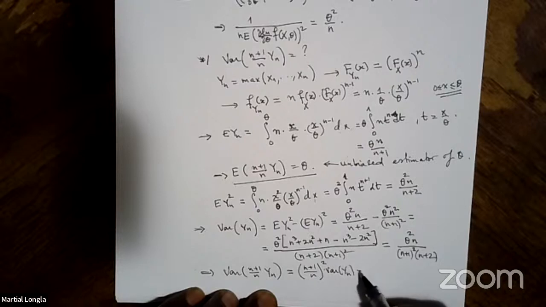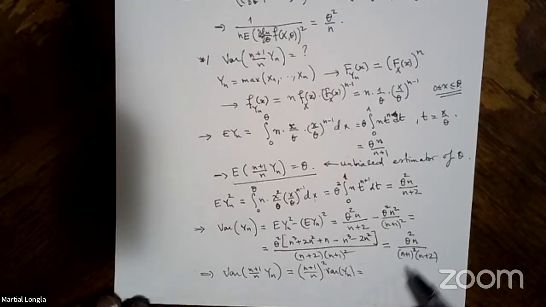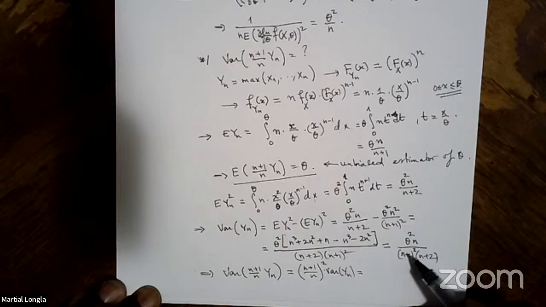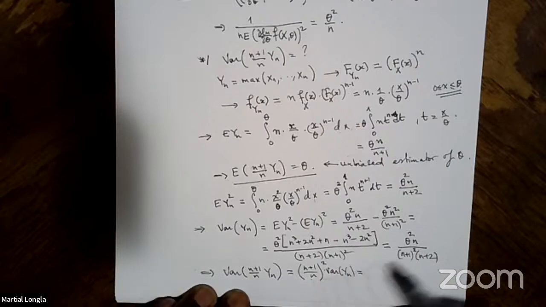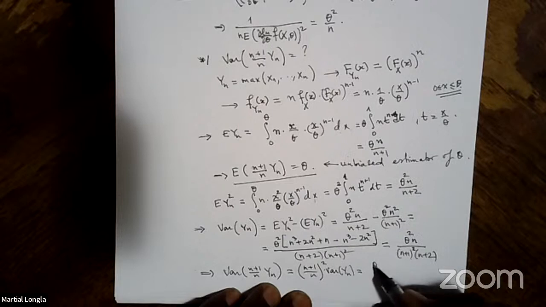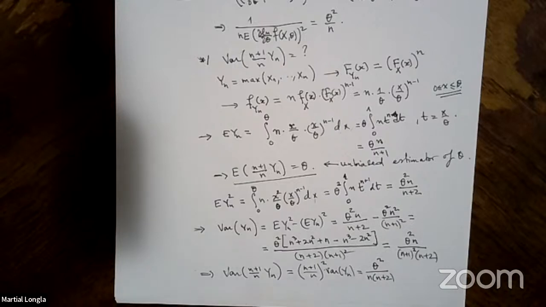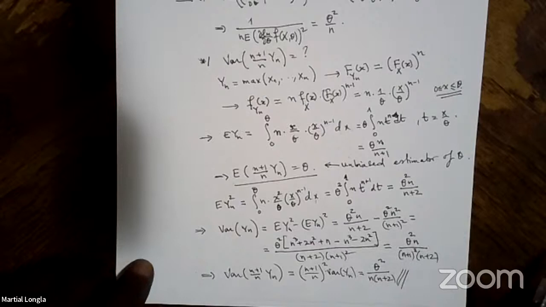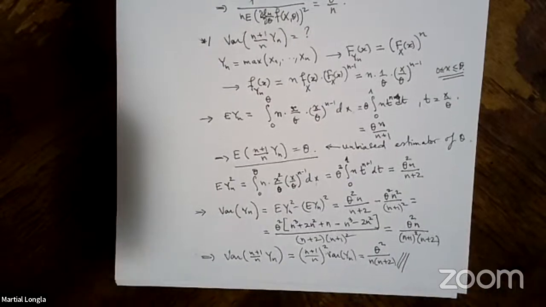And when you do that, the n plus 1 squared cancels, n squared and n cancel. You have n at the bottom, so you end up with theta squared over n times n plus 2. So this is the variance of n plus 1 over n times Yn.